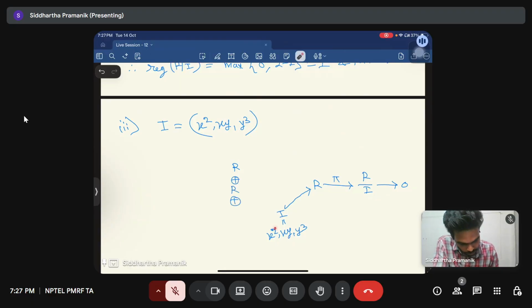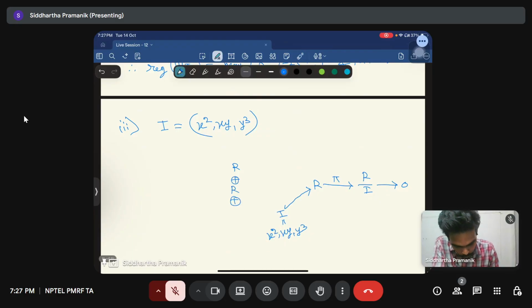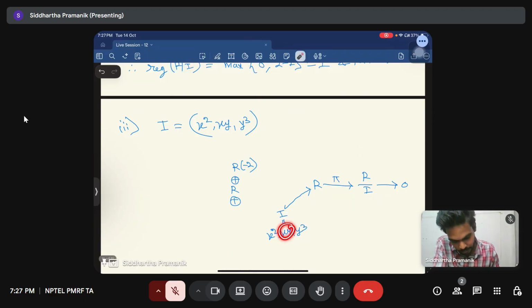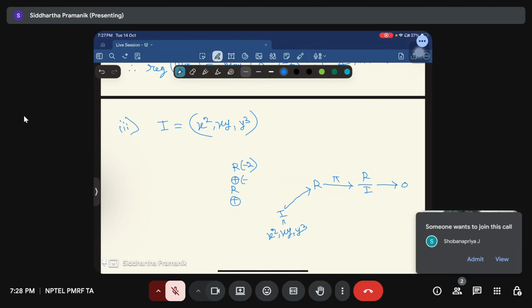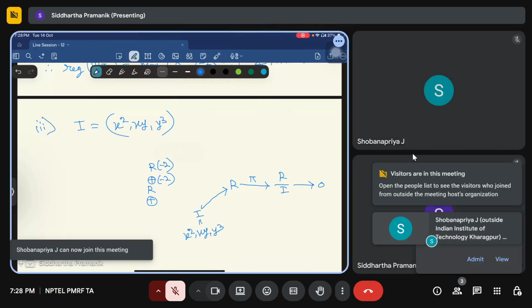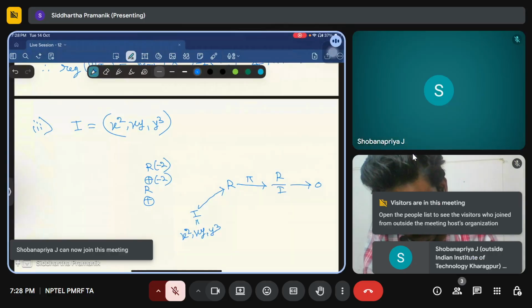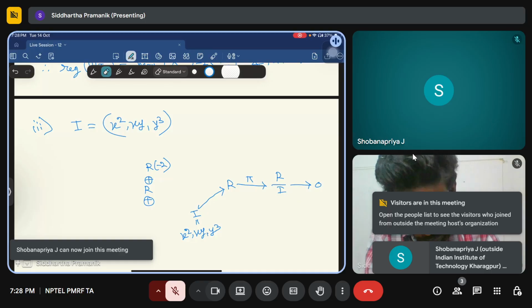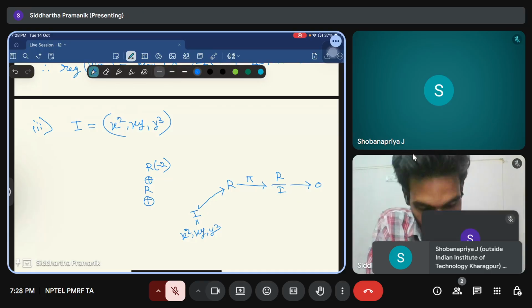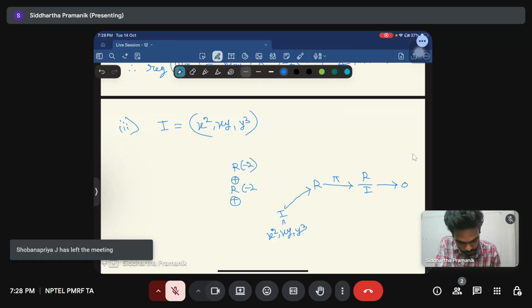Degree of this first one is 2. So we will shift it by 2. Degree of the second one, xy, is 2. So this one is minus 2.